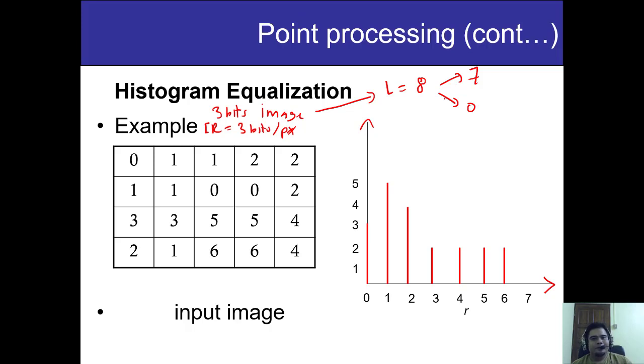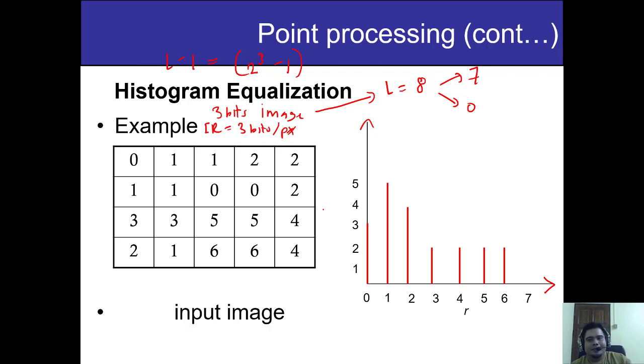But if you don't remember, there's a formula: 2 to the power of 3 minus 1, which is your L minus 1. You learned that in digital electronics. If you're not sure how many levels 3 bits gives, you must use the formula.